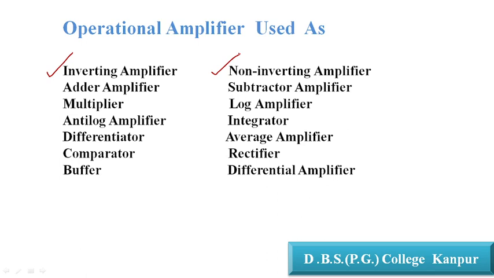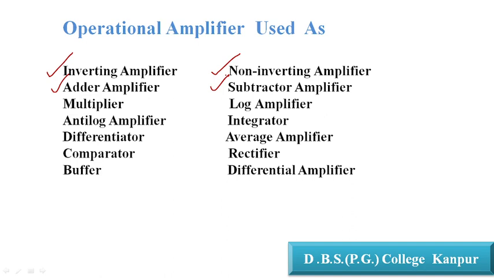After the adder comes the subtractor. Subtraction, just like arithmetic subtraction, is performed in electronics by the operational amplifier. How all electronic devices perform addition and subtraction will be discussed in the next lectures on the operational amplifier.